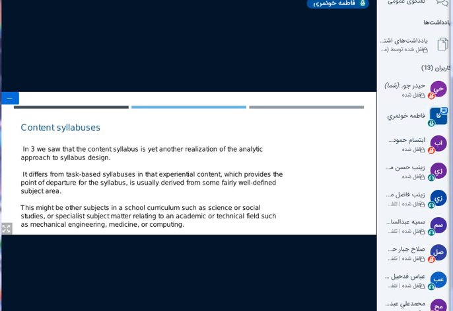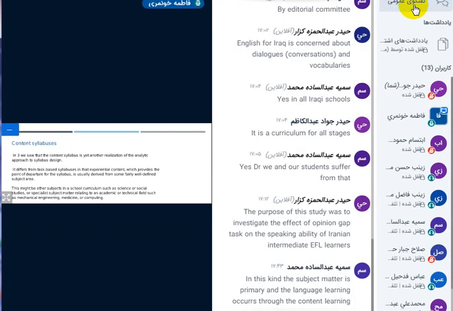Therefore, they tried to add some linguistic elements to the program, and they changed the title from content-based syllabus to content language integrated syllabus. So it means that part of this syllabus tries to develop students' survival English, or the English they need to use to communicate with other speakers outside the classroom for real purposes, for real communication, which is very different from the kind of English that you need to know in order to perform well on subject matter or experiential content in schools.